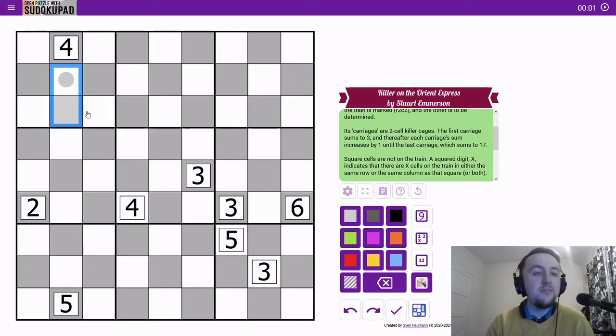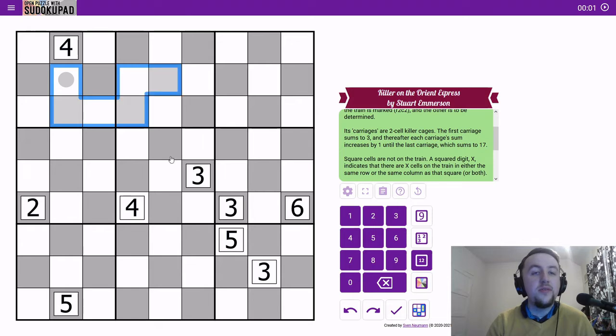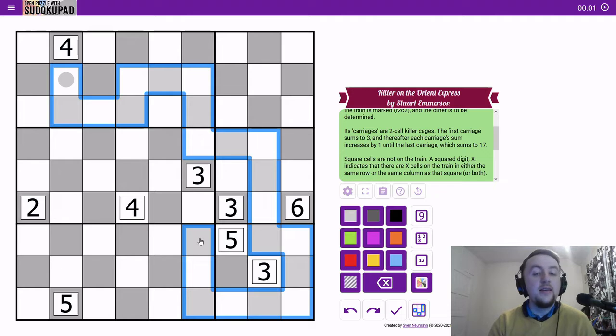The parity of the square, or the black or whiteness of the square, at one end is going to be white, and then at the other end, once we've added in all of the 2-cell killer cages, let's say it goes down here, for example, eventually we will get to the 17 cage and it will end on a black square. So what does that mean?